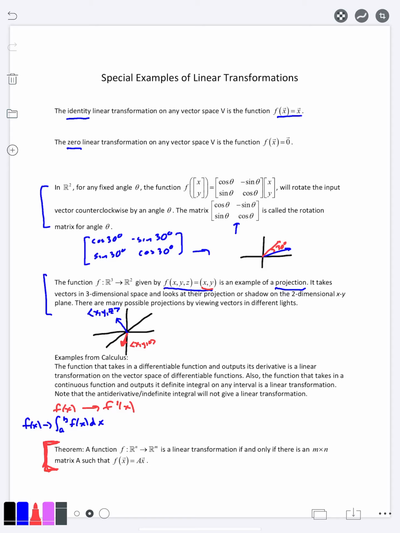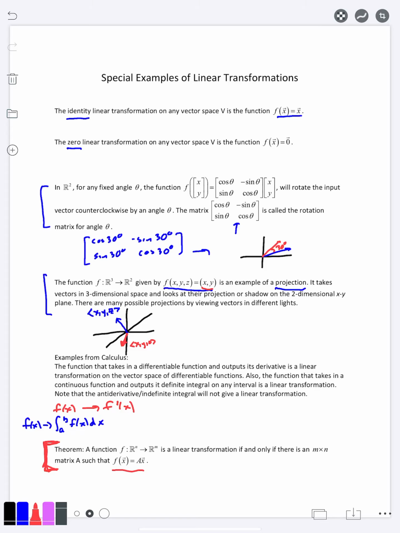Sometimes that was really annoying, but it turns out this theorem tells us that if you can write your function as a matrix times the input, if you can find a matrix to make this work, that means it's a linear transformation. And if you can't find a matrix to make it work, that means it is not a linear transformation.